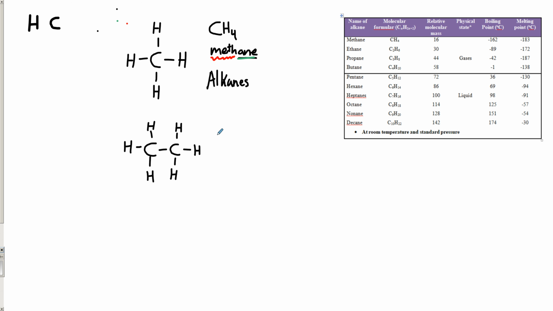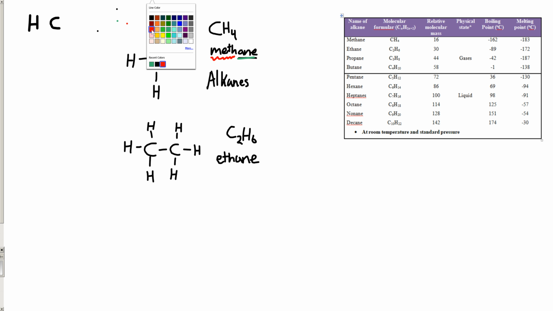So if we count everything up, this guy has a formula of C2H6, because there are 2 carbons and 6 hydrogens. And this molecule is called ethane. And it's still an alkane. As a matter of fact, the eth prefix means that there are 2 carbons in the main chain.